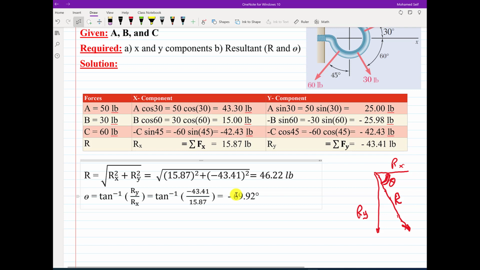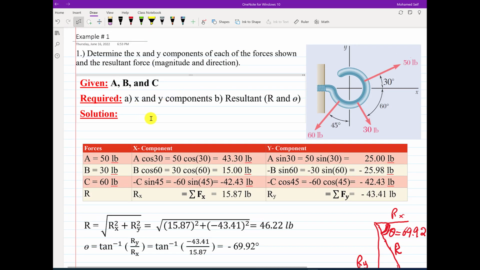This is in the negative direction. The angle theta is in the negative direction, and it is 69.92. Okay, this will end the first example.